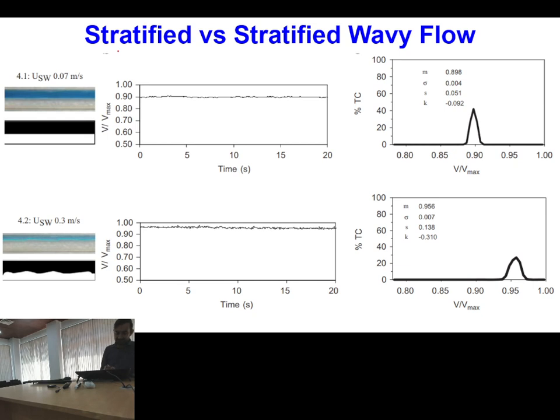Here you can see that stratified versus stratified wavy flow is compared for the flow of kerosene and water. In these two cases, it is very difficult to tell from the raw signal whether your flow is stratified or stratified wavy, because you can assume this also as an almost constant signal.